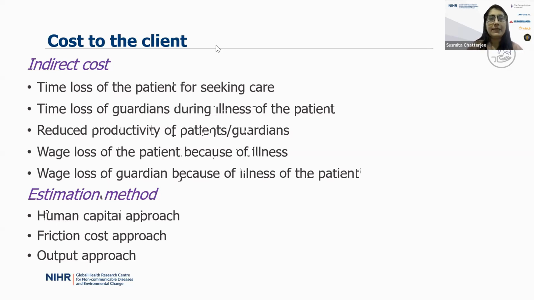So the alternative is that we can use the minimum wage rate of the state where you are working. Every state has a minimum wage rate for different categories of labor. So you can identify where your participants fit in, and you can use that. Multiply that minimum wage rate with the time loss, and you get the time cost for that person or accompanied person.